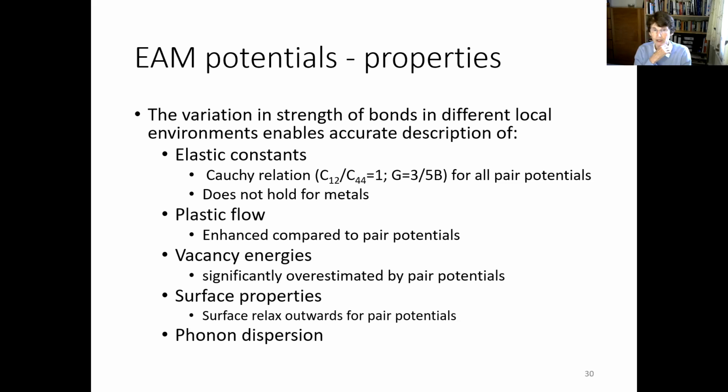And the surface properties are wrong. They relax outwards for power potentials, but because you've reduced the number of neighbors, the bonds at the surface get stronger. So in metals, the atoms relax inwards when you make a surface. And the phonon dispersions were much more reliable for these potentials.